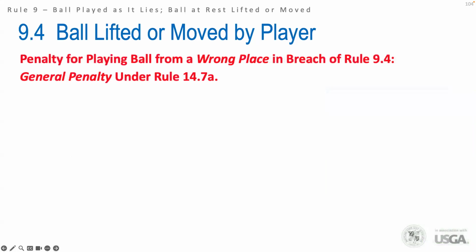So penalty for playing a ball from a wrong place in breach of this rule, we're going to again get the general penalty. In most cases, I would say just get the ball back to where you moved it from, and you more than likely will be okay under the rules, right? I'd say better that than get the general penalty, but that's just me.